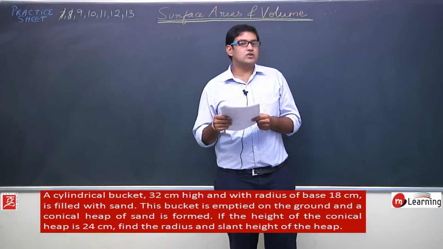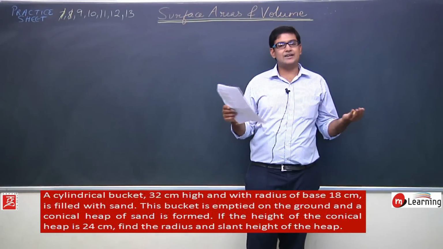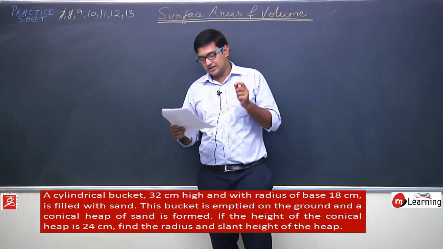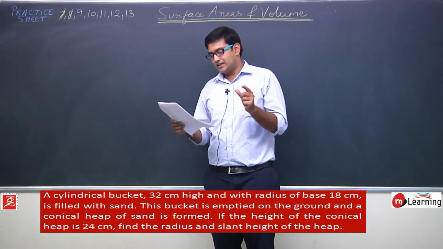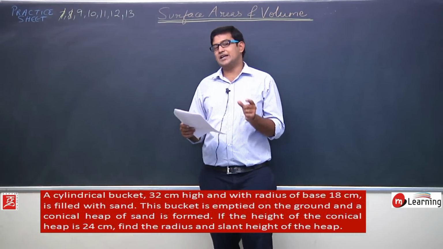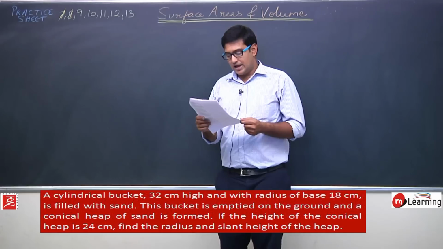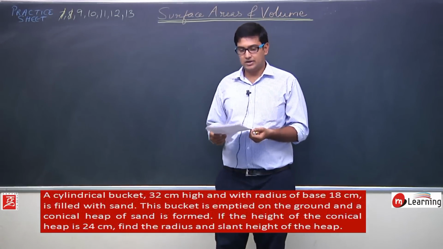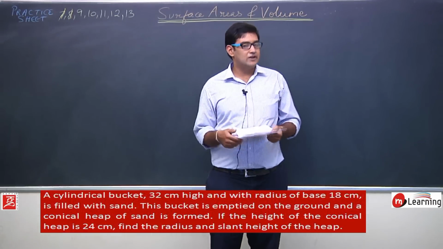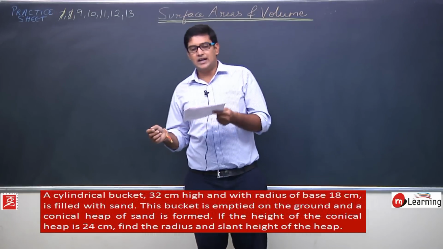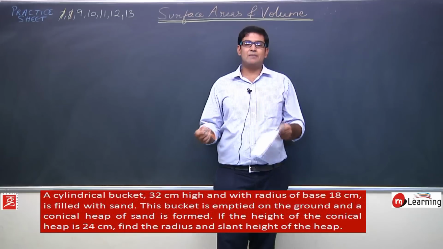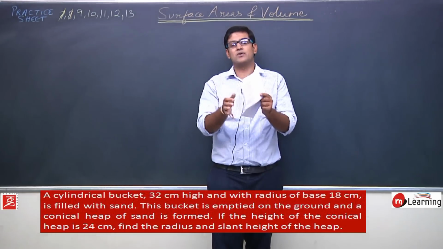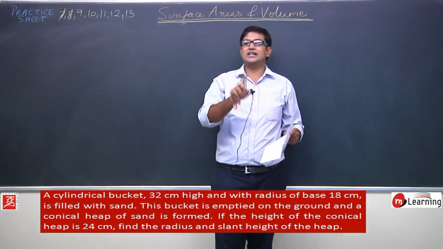Okay. So what the question says is that there is a cylindrical bucket that I have, and this cylindrical bucket is 32 centimeter high and the radius of this cylindrical bucket is 18 centimeters, and this cylindrical bucket is filled with sand. Okay. So it is completely filled with sand, and then what I did is I emptied that bucket on the ground and made a conical heap, okay, a conical shape using that sand.